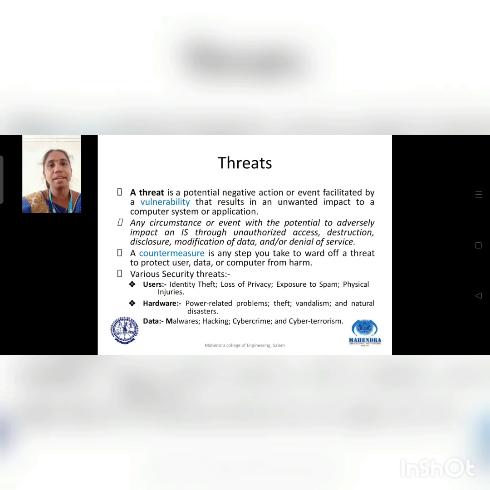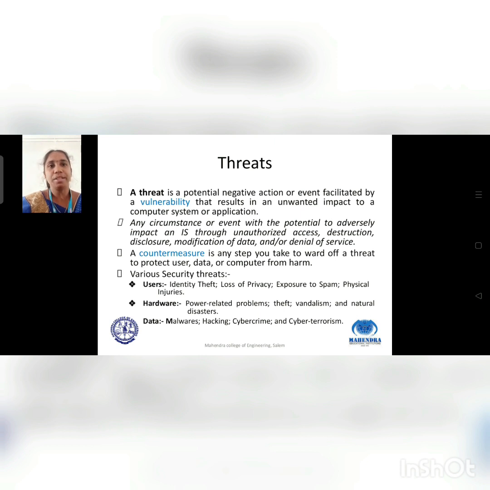Next, threats. A threat is a potential negative action or event facilitated by a vulnerability that results in an unwanted impact to a computer system or application. Any circumstance or event with the potential to adversely impact through unauthorized access, destruction, disclosure, modification of data and/or denial of service.